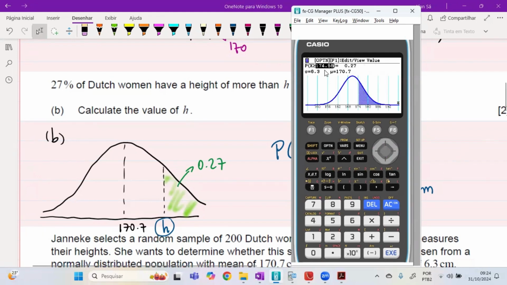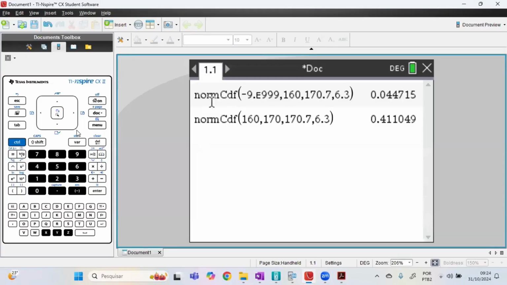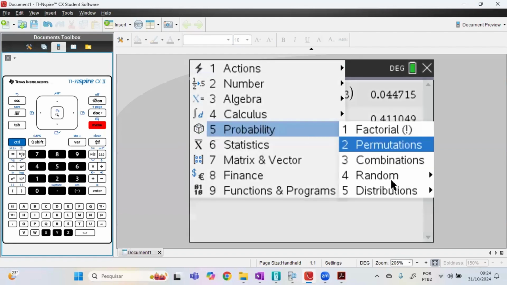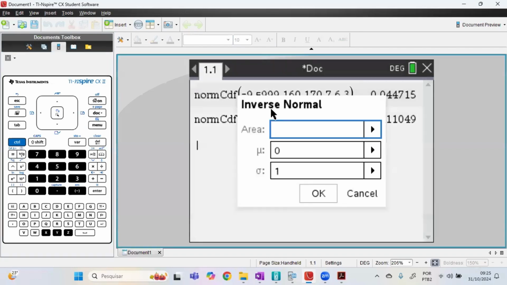In Nspire, very similar to the TI-84, we go to menu, probability, distributions, and then we select inverse normal. The area is 0.27, but here the calculator expects the area to the left of the value. So in this case, we cannot put 0.27.